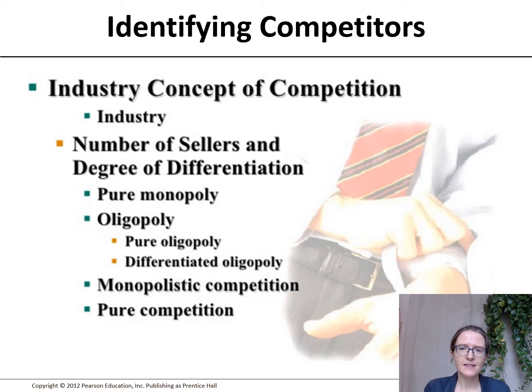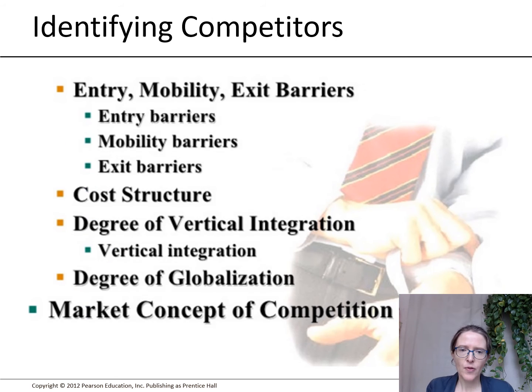The equivalent in the States would be more along the lines of Ford, GMC and Chrysler. So we need to understand: is it a pure oligopoly or a differentiated oligopoly? Is it monopolistic competition or pure competition? Further things we need to be aware of are, as we just discussed, exit barriers, entry barriers and mobility barriers.